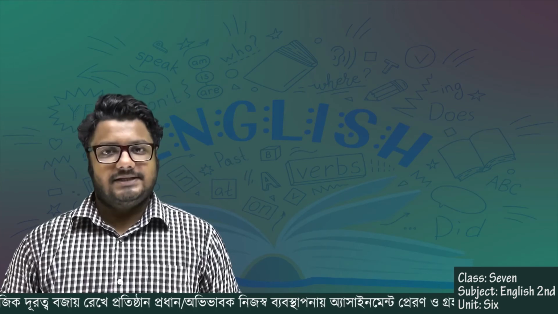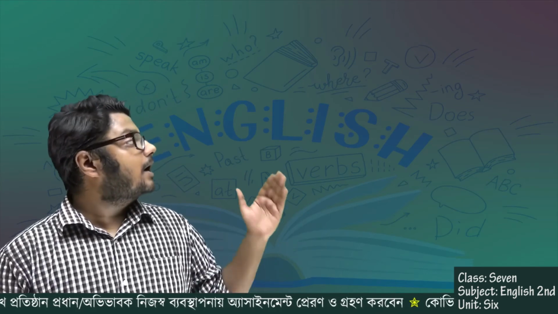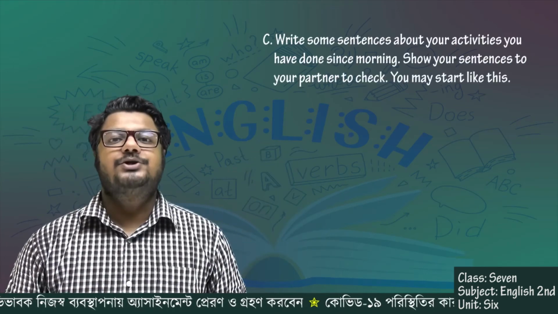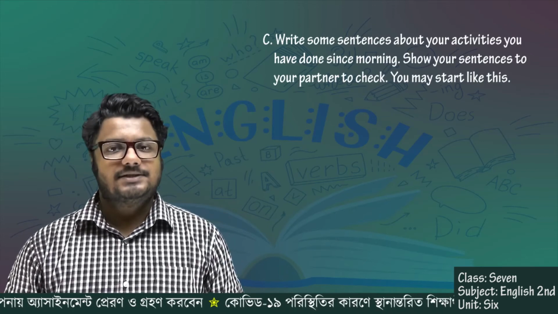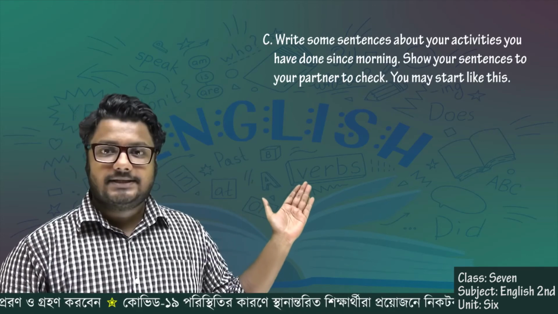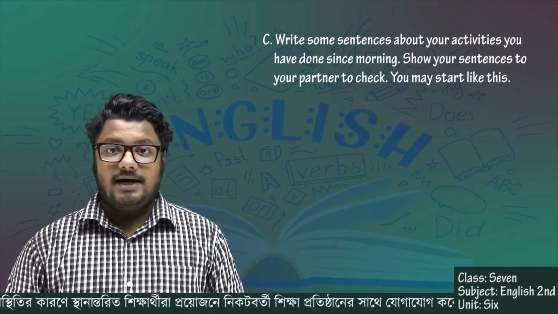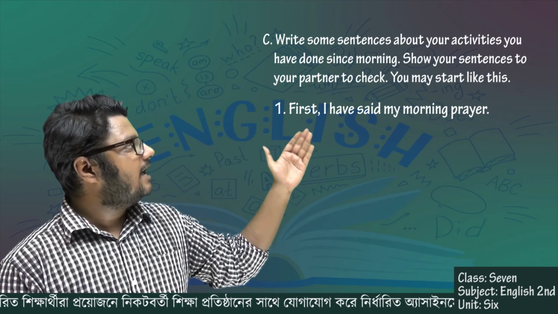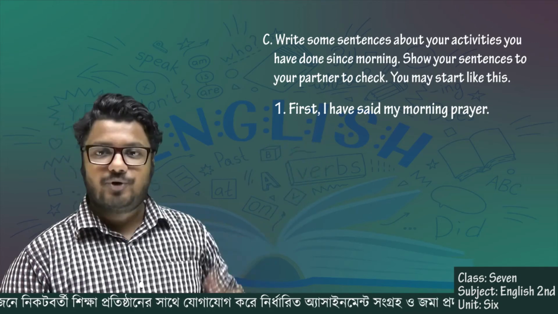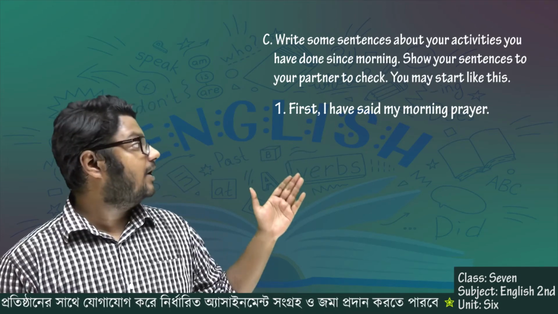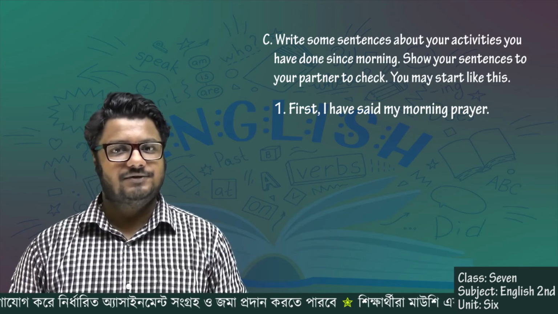Now we'll move to section C. Write some sentences about your activities that you have done since morning. Show your sentences to your partner to check. You may start like this. First, I have said my morning prayer. Now there are 4 other blanks for you to finish.